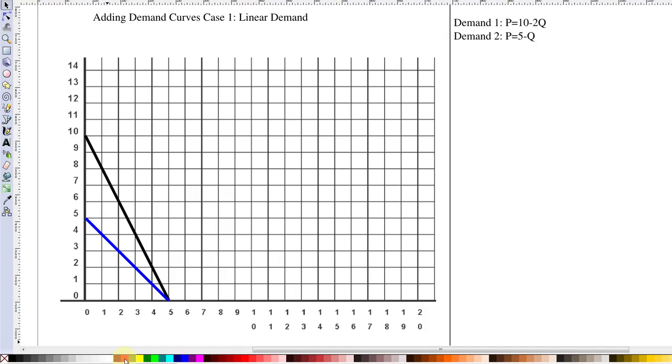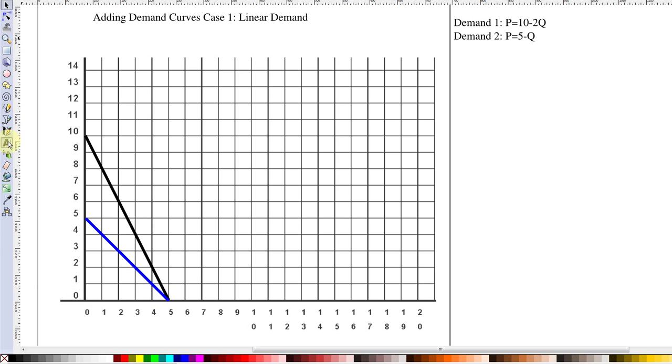So at a price of 0, the first group wants 5 units, and the second group at a price of 0 also wants 5 units. The quantity demanded will be 5 for each of the groups. Then what's the total quantity demanded going to be? Well, it's going to be 10 at a price of 0.